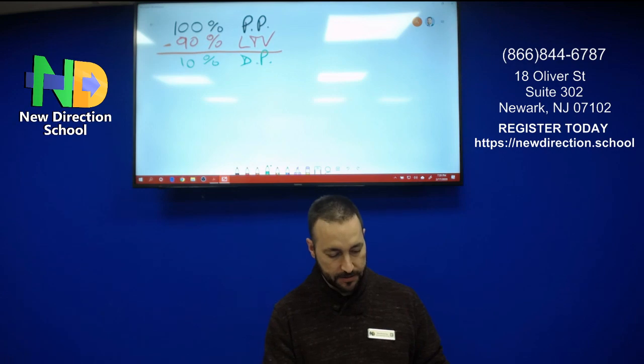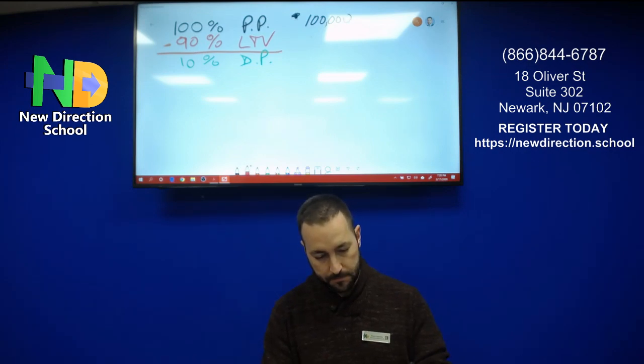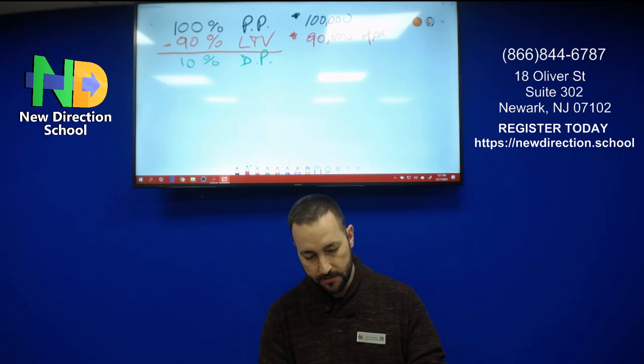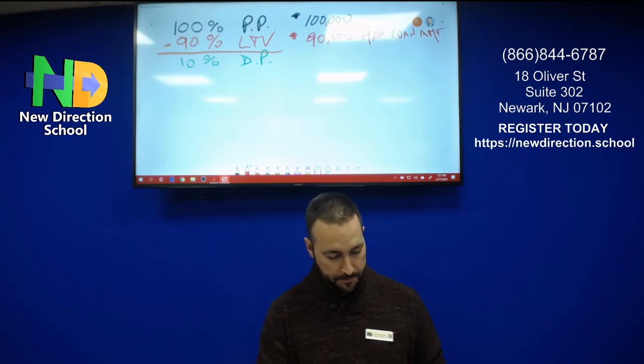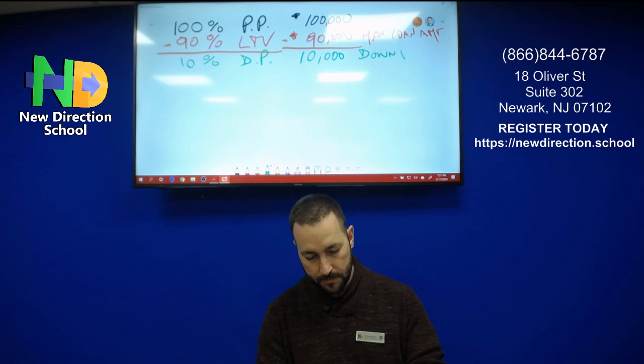So if we're going to translate this into numbers, again, we have $100,000. The loan is $90,000, the max loan amount. And the difference is the down payment, which is $10,000 down payment.